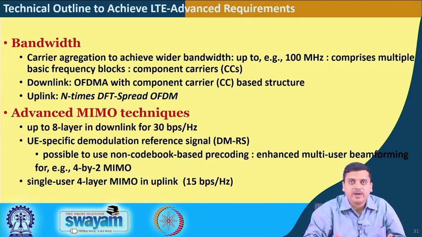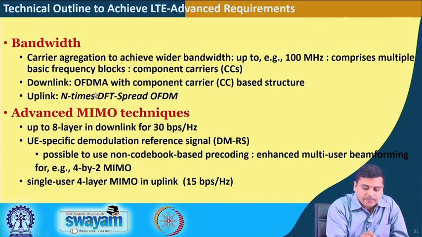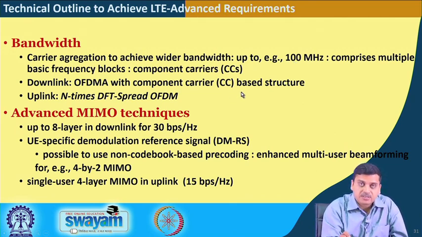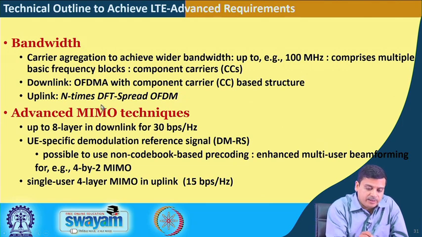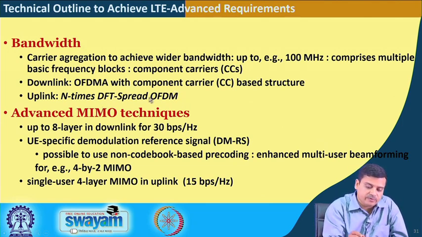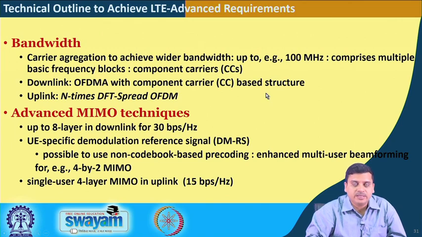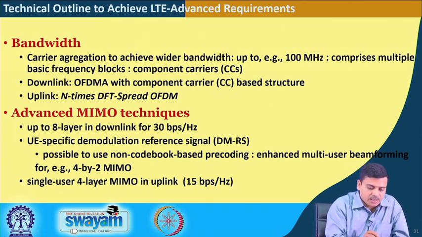As you increase the bandwidth, you can clearly enhance the data rate, so this directly contributes to the data rate enhancement. In downlink, OFDMA with component carrier based structure is used, and in uplink the DFT spread OFDM is used. These are again well described in the IMT-Advanced technology. We will also oversee them when we are discussing the details of the waveforms as things move towards 5G.